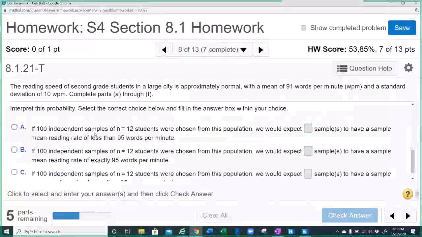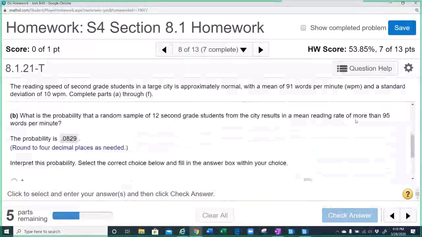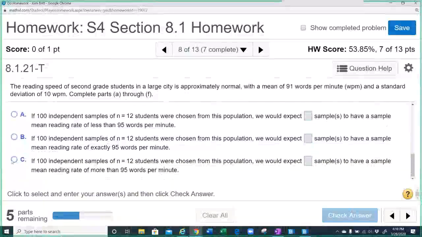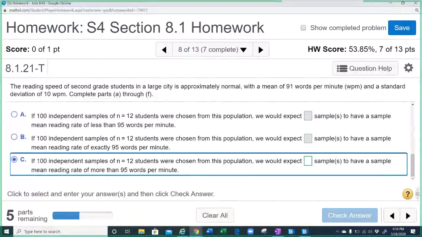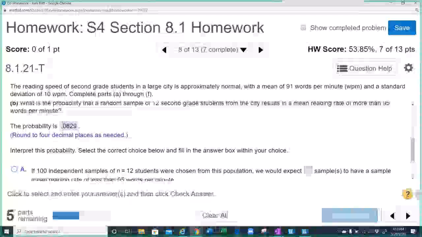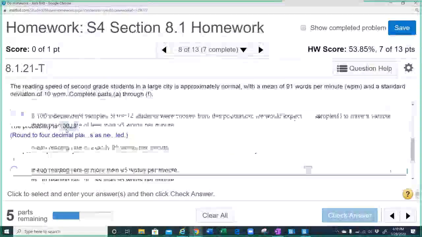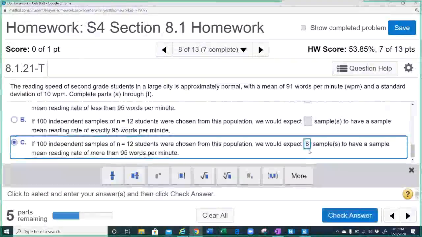Okay, and interpret that. We were asked more than, so let's choose the one that says more than, which will be this one. Out of 100 independent samples, we would expect about 8. Just multiply that by 100 and round to the nearest whole number, so about 8.